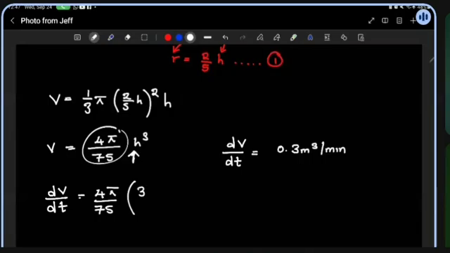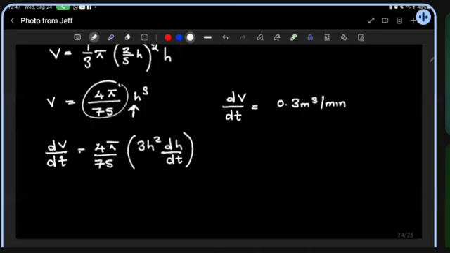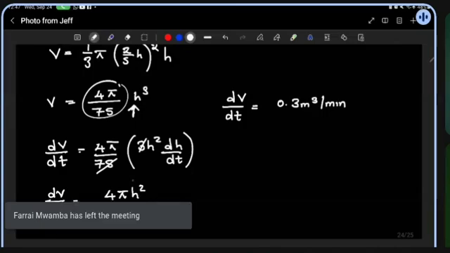The 3 will multiply here, the power reduces by 1, and then we'll multiply this by dh/dt. So from here, we now have to simplify this. 3 and 75 will simplify. So this becomes 4 pi h squared over 25, since 3 will go 25 times into 75.